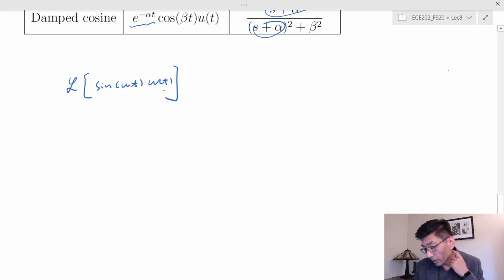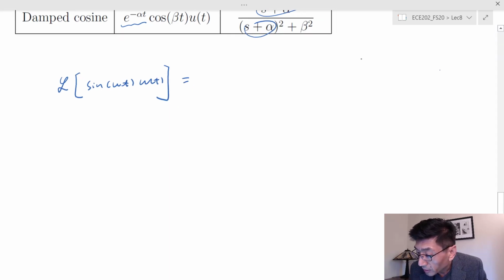and that's going to be equal to, as we did before, right? As we did before, we could do the sine using the Euler and then the cosine. So this video clip may be a little bit long again.